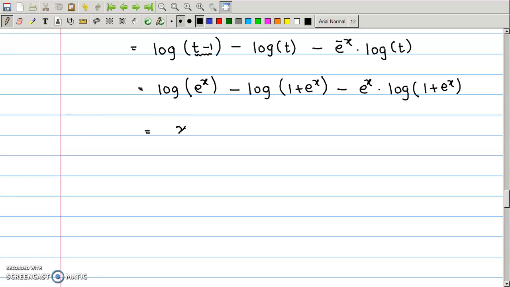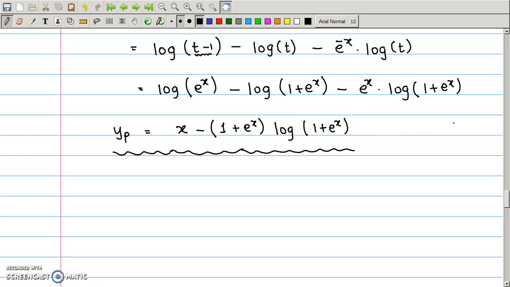Log e raised to x is nothing but x. We can take log of 1 plus e raised to x as common. So this will be x minus 1 plus e raised to minus x into log of 1 plus e raised to x. So this will be your required value for the particular integral. We can denote it by equation number 2.